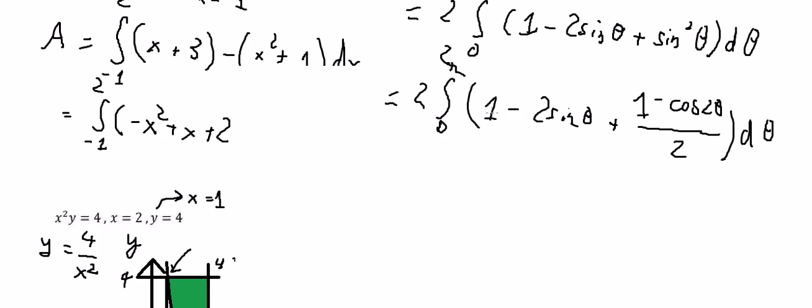So we have 1 and 1 over 2, you get 3 over 2.